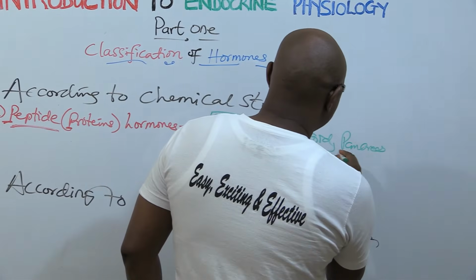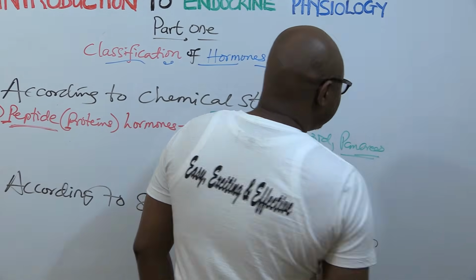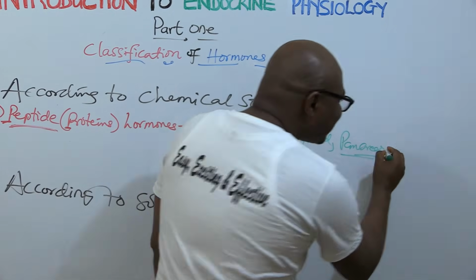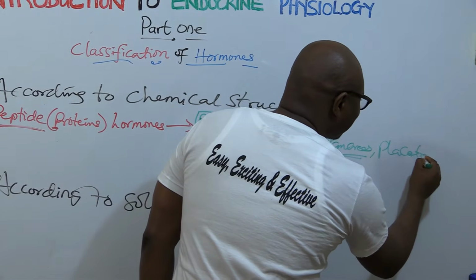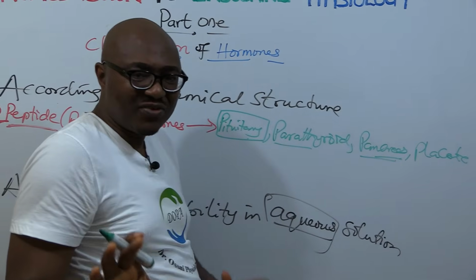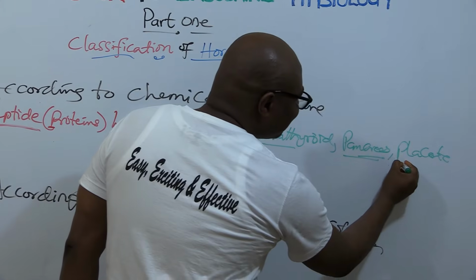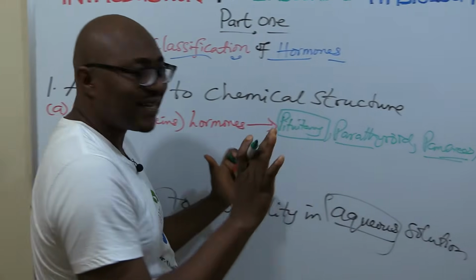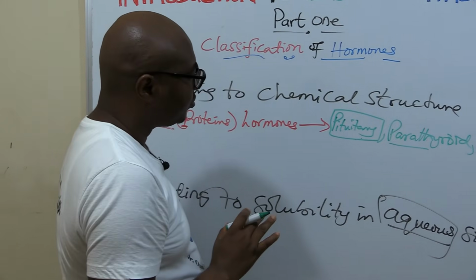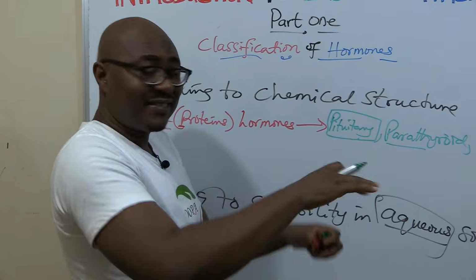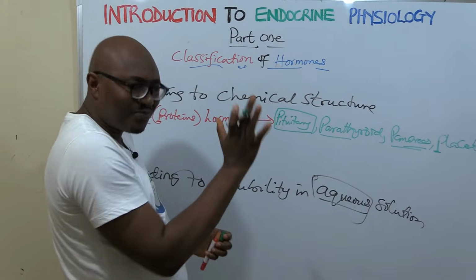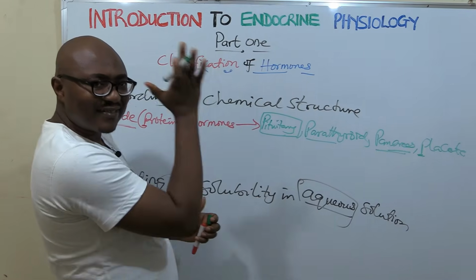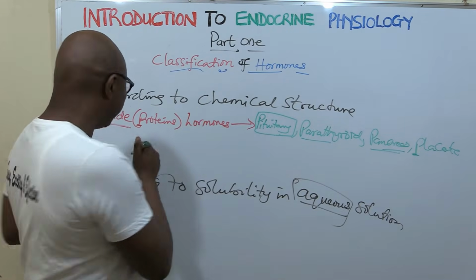These are the three major P's. Then there's another one too, placenta. We don't usually include it, because the placenta is not regular, it's just in women. But you can add another P, placenta hormones. Placenta also secretes the next type we're going to mention, but part of the hormones it secretes are peptide hormones.